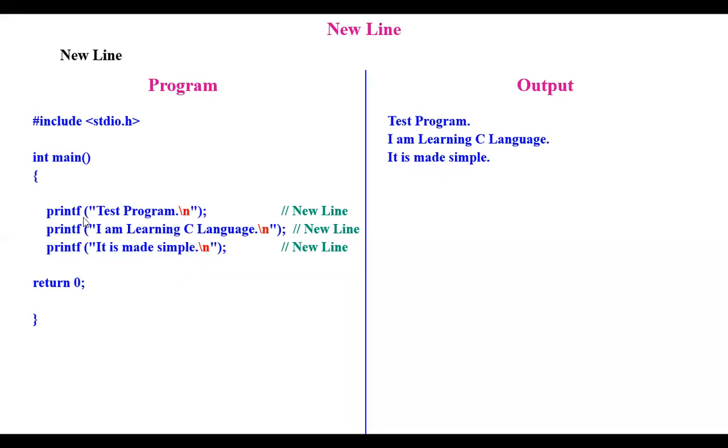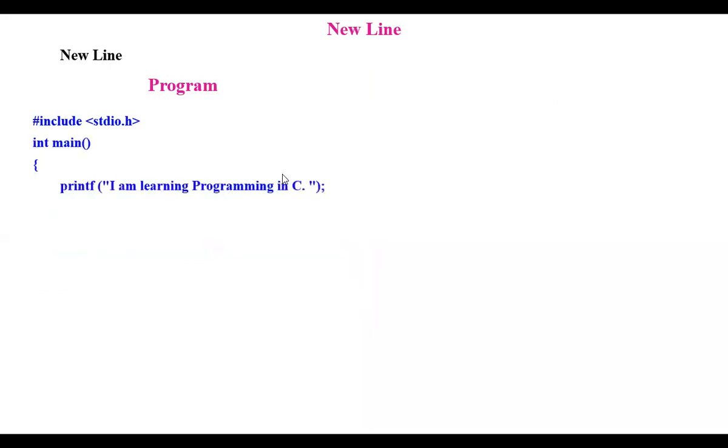You may think that because I have written a printf statement 3 times, we are getting this in 3 lines. No, it is not like that. Let us check it in the next program. Suppose I have written something like this. As you have seen earlier, we have written 3 printf statements and we got 3 lines of output.